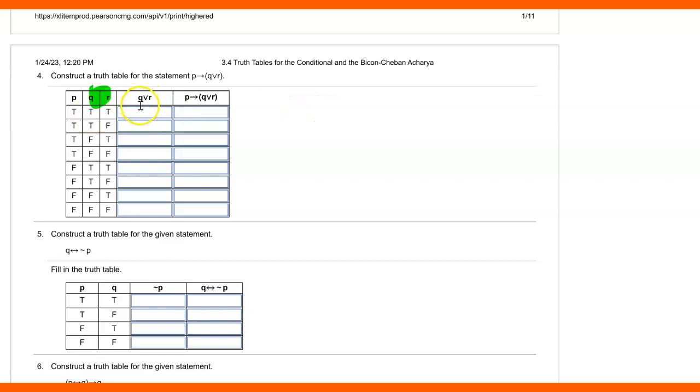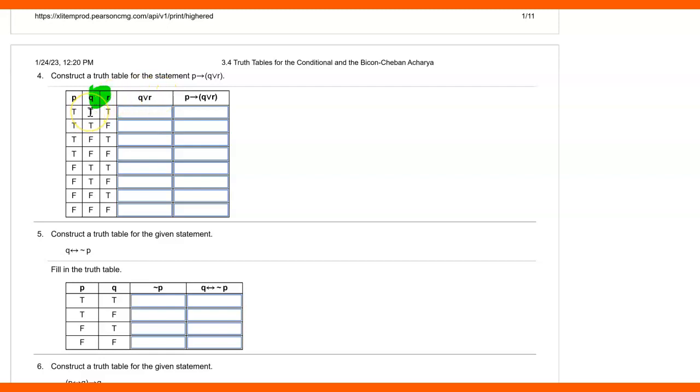Okay, first column here, looking for Q or R. Therefore, you look at the second column and third column and do the OR. And notice that OR is always true, only false if both are false, correct?